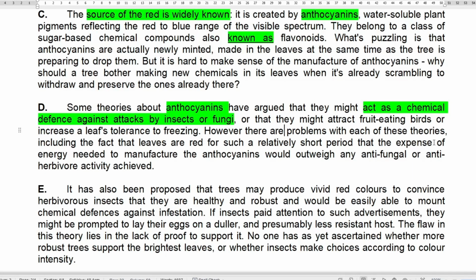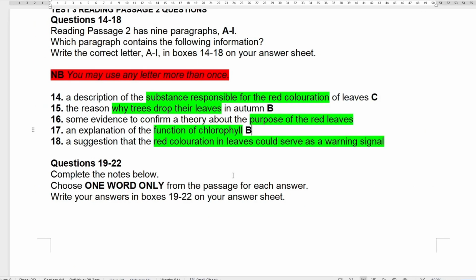However, there are problems with each of these theories, including the fact that leaves are red for such a relatively short period that the expense of energy needed to manufacture the anthocyanins would outweigh any antifungal or anti-herbivore activity achieved. So there we go. We didn't necessarily find the answer for that yet, but do we have anything here? We don't have evidence of any theory, but also we don't have the warning signals.